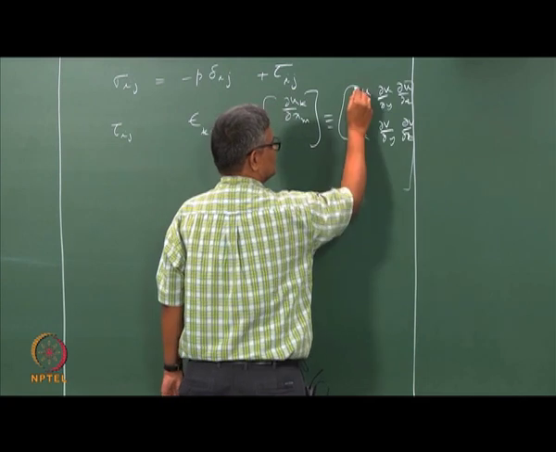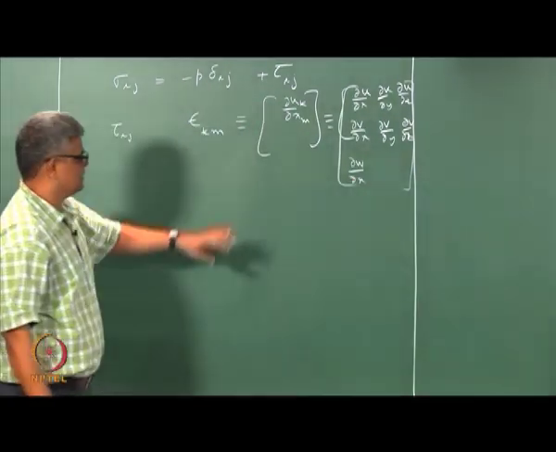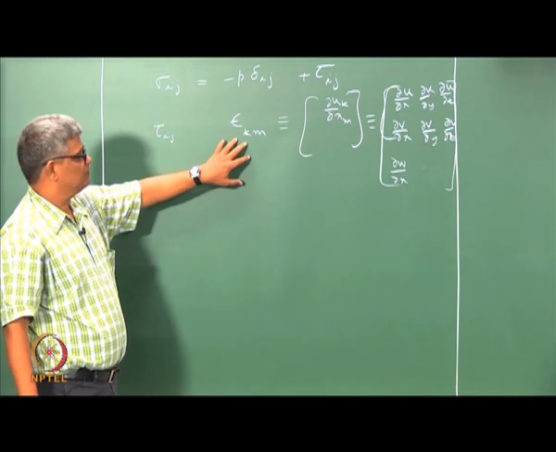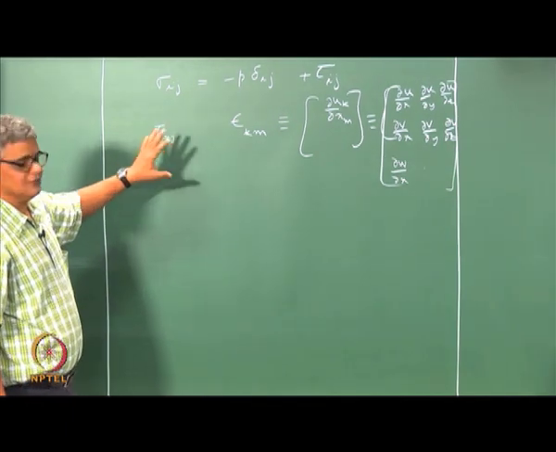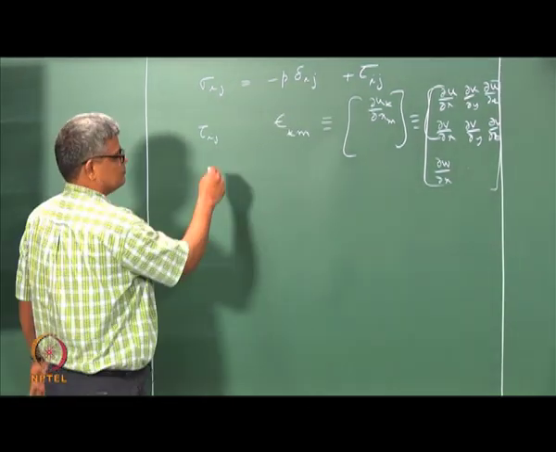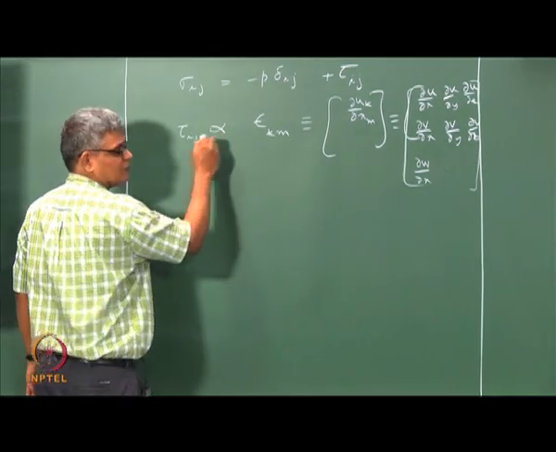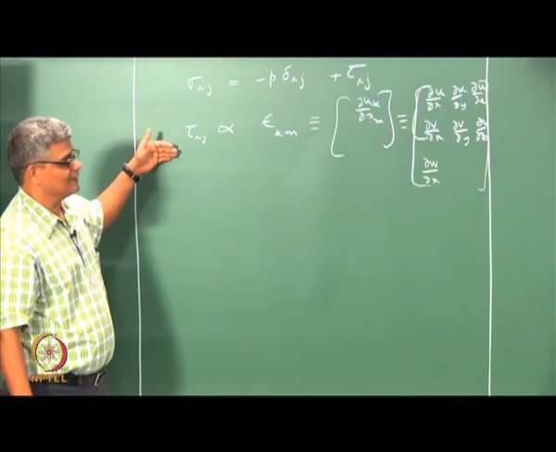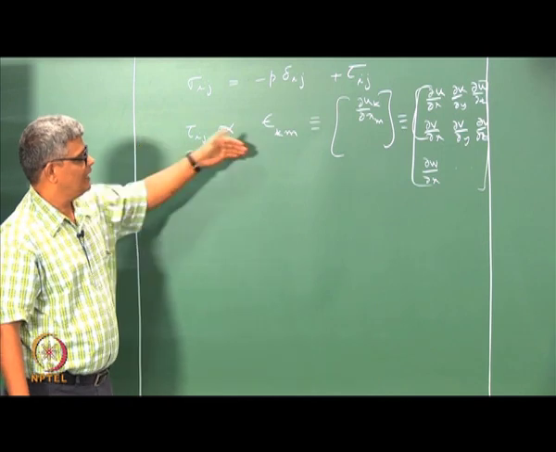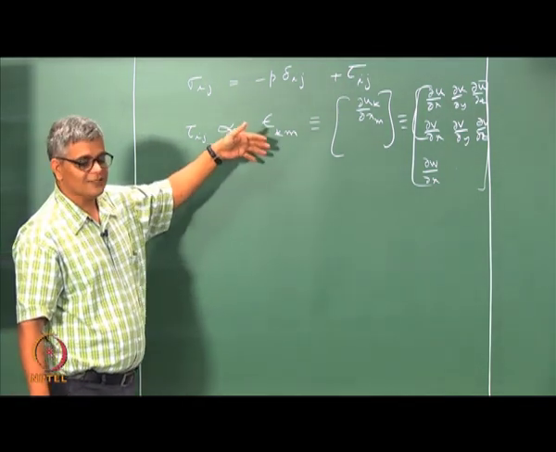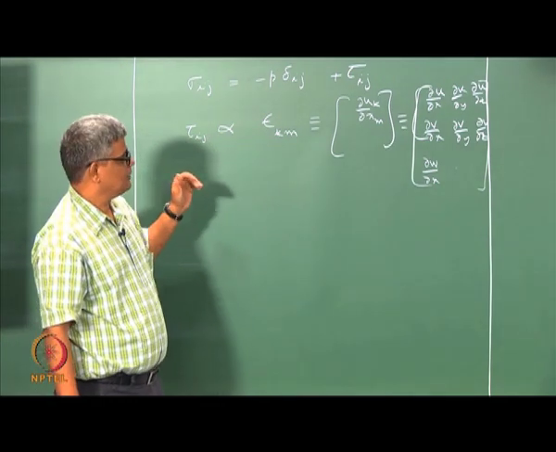These are the 9 components appearing here, and together they are the strain rate components. The idea is to make a proportional relation between the stresses that are induced by relative motion and the strain rates that are a result of relative motion.